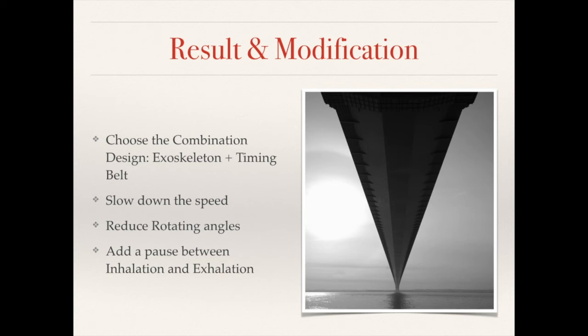From the second user testing, I got the advice that I should first slow down the speed because it is easier for beginners to follow, and second, I should remove some of the functions of the exoskeleton design, because for now I'm only using the exoskeleton to guide the users to inhale, so I can remove the exhale function and therefore reduce the rotating angle of the servos in the exoskeleton design.